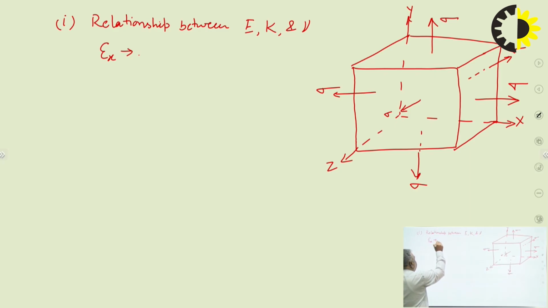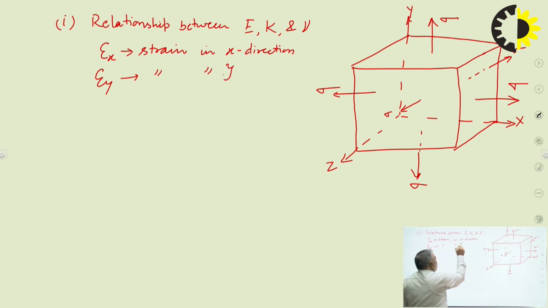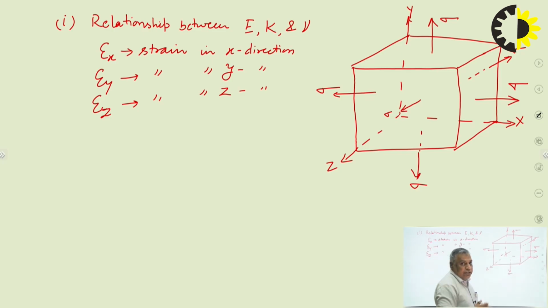I will consider epsilon x as the strain, the longitudinal or normal strain in the x direction. Epsilon y is the strain in the y direction, and epsilon z is the strain in the z direction, caused by sigma in the x direction alone.